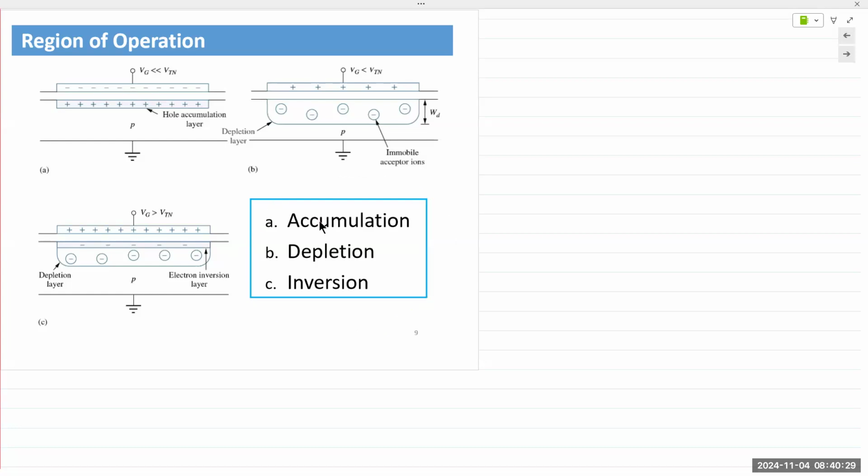Okay. So in this case, we have a P-type substrate. We have a metal gate at the top. I believe I also mentioned that, typically nowadays, instead of being made of metal, the gate is made of polysilicon. Polysilicon is a form of silicon.